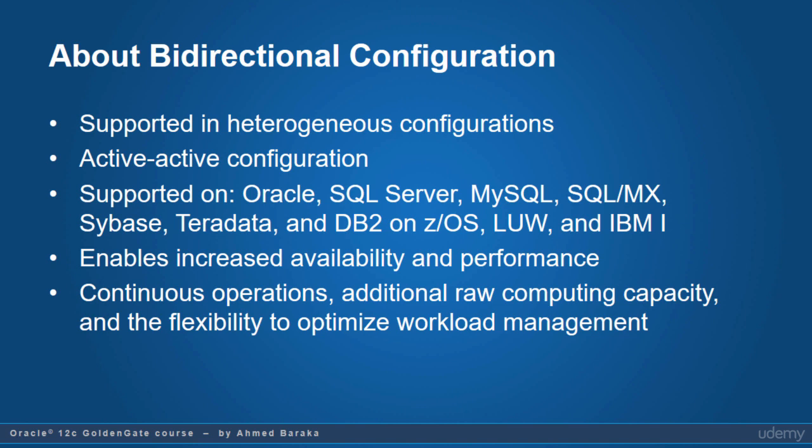One of the scenarios where this configuration could be highly advantageous is when you have the databases located far from each other. The application will connect to the local database, and GoldenGate will take care of the synchronization between the databases. This solution highly enhances the performance of applications in all the locations.